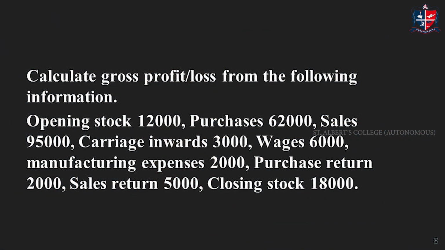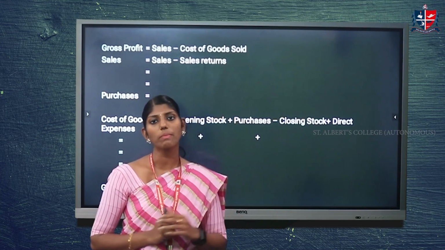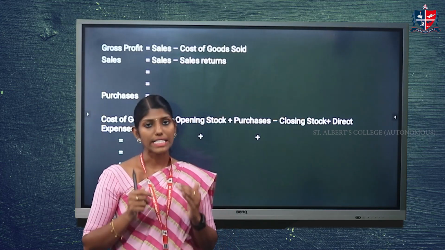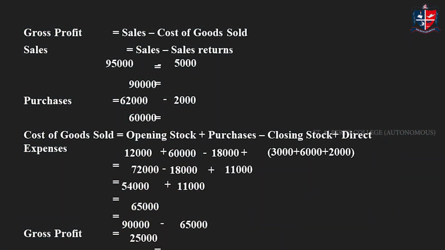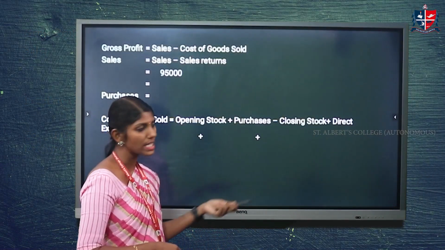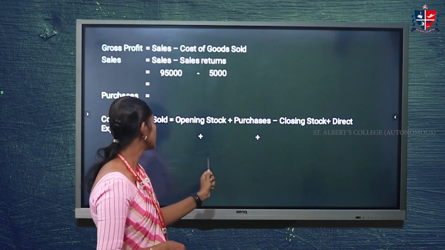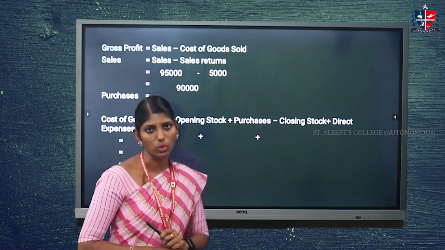This is the problem. So first we have to write the equation, that is sales minus cost of goods sold. Then sales means sales minus sales returns. What is the amount of sales? It was 95,000 minus 5,000, that is the amount of sales 90,000.